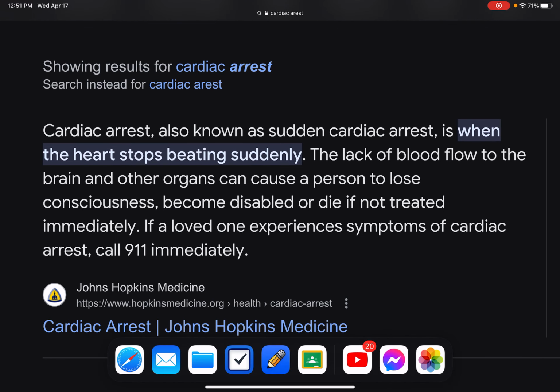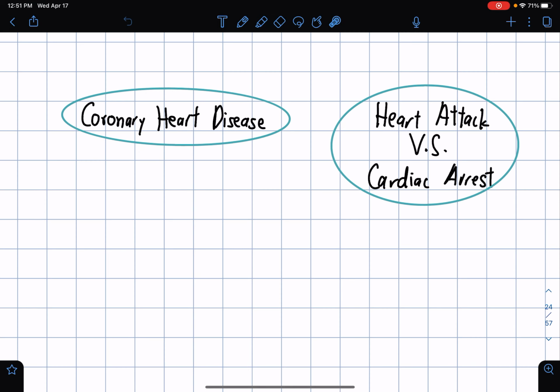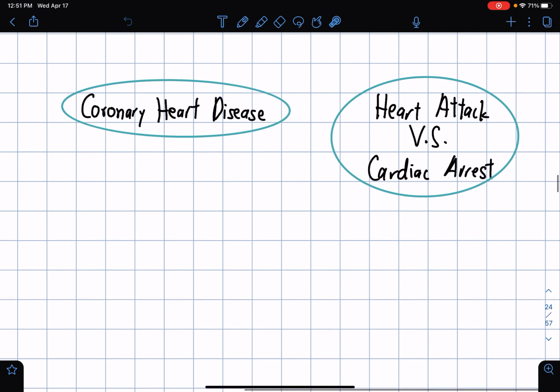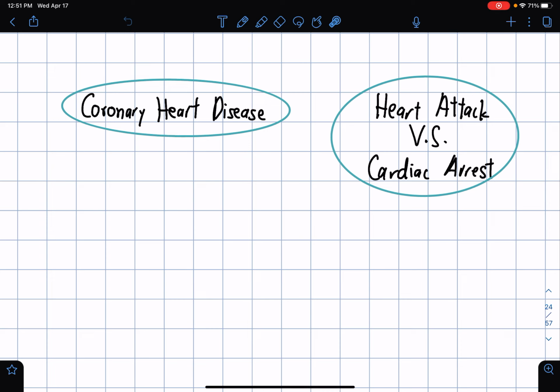If there's not enough blood flowing to the brain, there's a good chance that you lose consciousness. The cerebellum needs blood, and at the same time, the cerebellum is responsible for any motor movement that is voluntary.